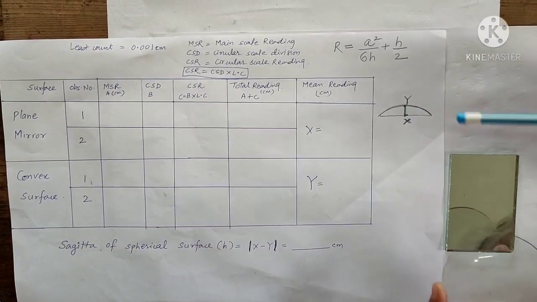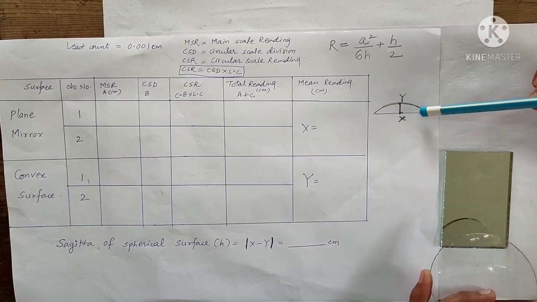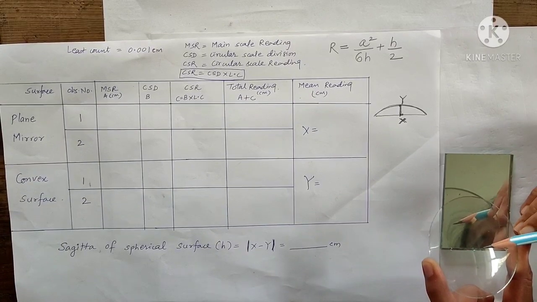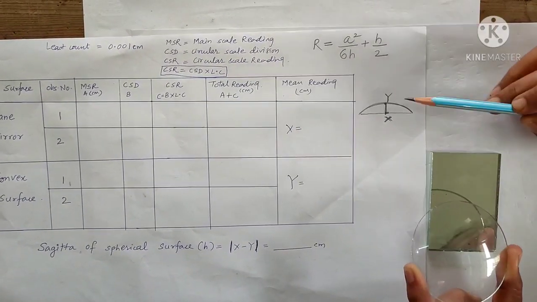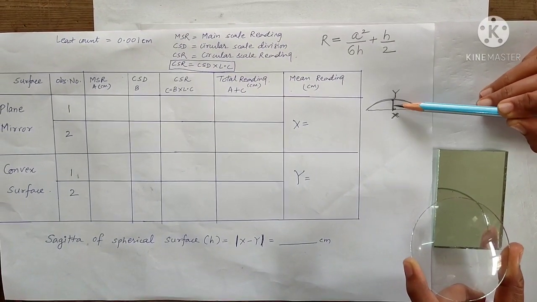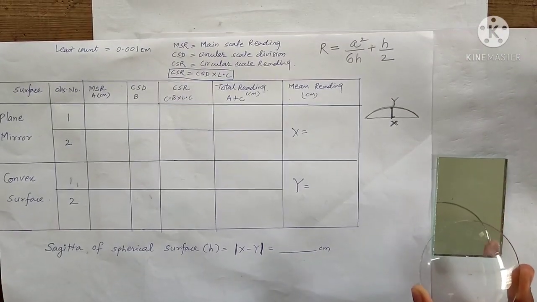Then we have to find the distance of the center of this watch glass. Let's mark the center of the watch glass. So we have to find the distance of the center of the watch glass from the plane mirror, so that we get the height or sagitta of this curved surface or watch glass.